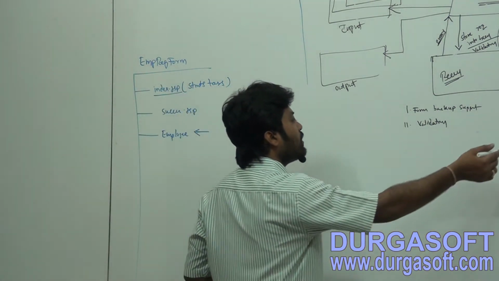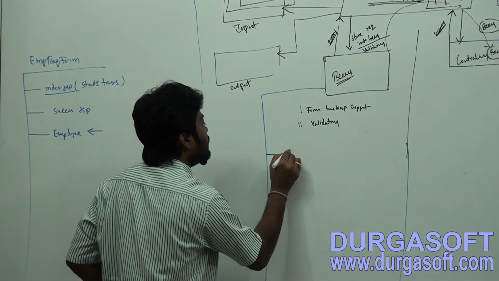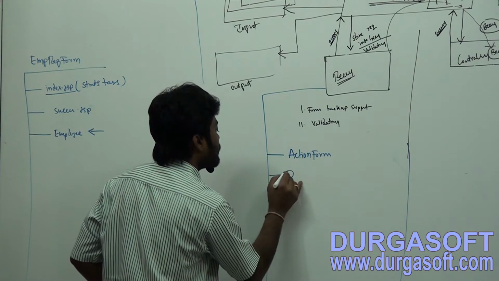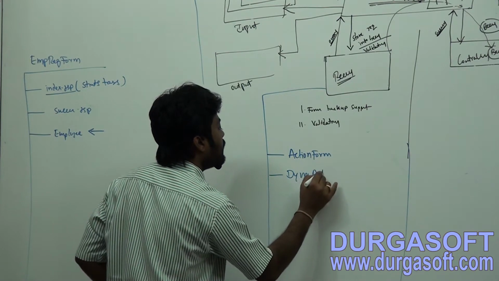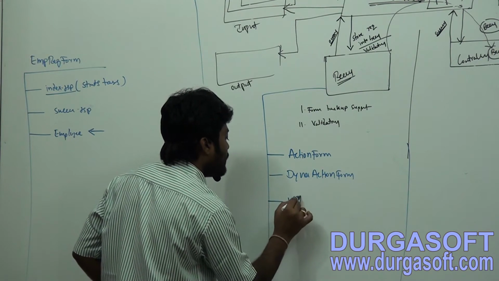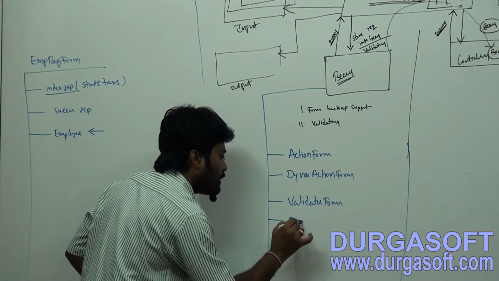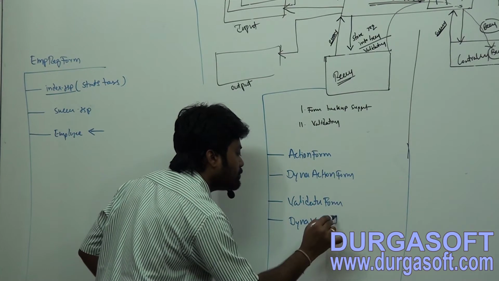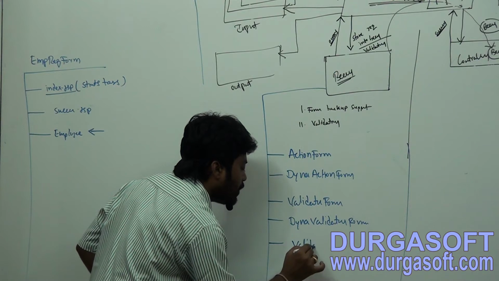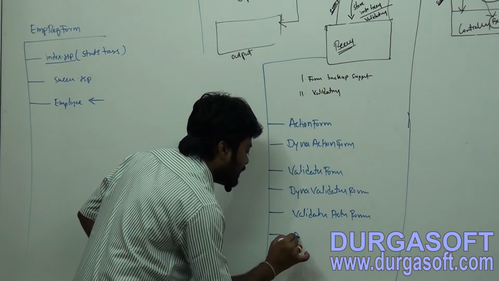So how many classes do they give here? To implement this bean, we have multiple classes. One class is ActionForm, and we have one more, DynaActionForm, ValidatorForm, DynaValidatorForm, ValidatorActionForm, DynaValidatorActionForm.